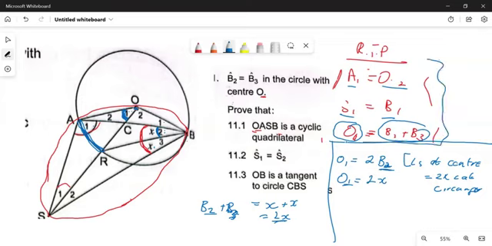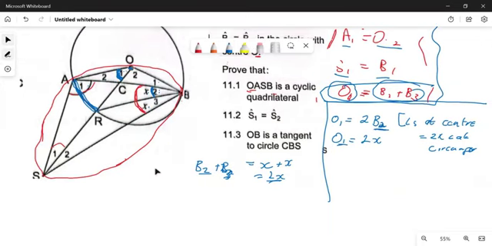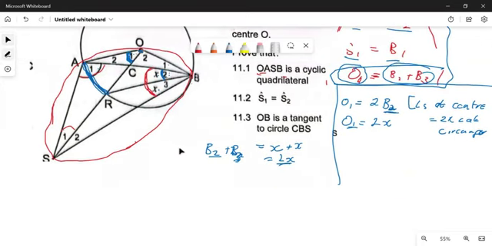So it means this thing here is a cyclic quadrilateral. So I can write it this way now. Look at the following. We started by saying this one here, it's angle at center. So we said this one is going to be 2 times B2 because we have angle at center. And then we'll tell them B2 plus B3 is going to be equaling to X plus X, which is given.